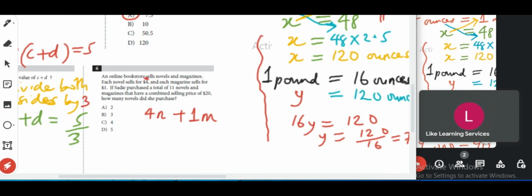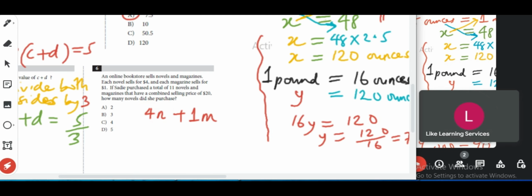That would be $20. What did you do? 4 times 5, isn't it? So if you have a number of novels, you simply say 4 times that number. If I have n number of novels, I will say 4 times n. That's why it's 4n.